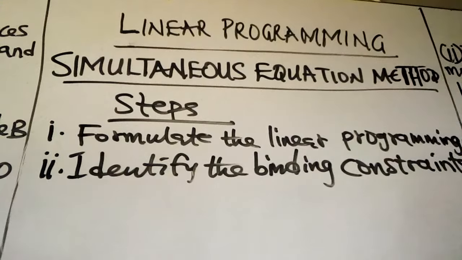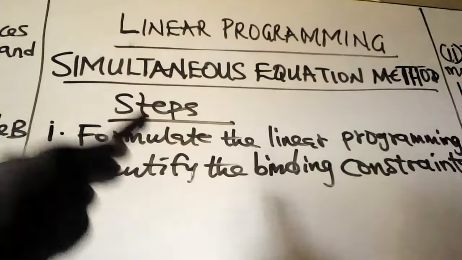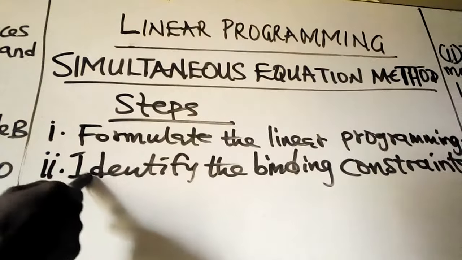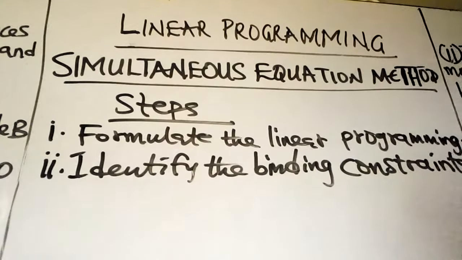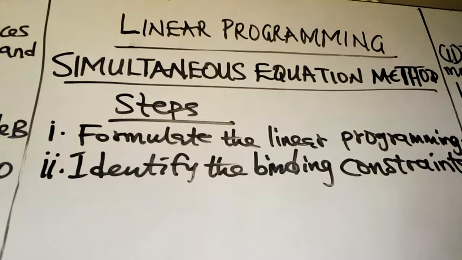I told you that under the graphical method, simultaneous equations cannot be used until the binding constraint has been determined from the graph. But if the examiner doesn't want you to draw the graph, the binding constraint will have been given.